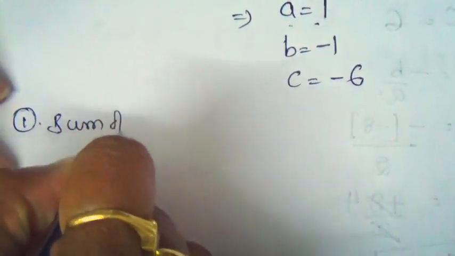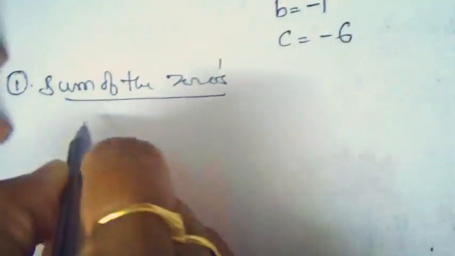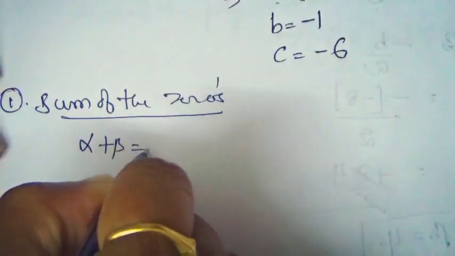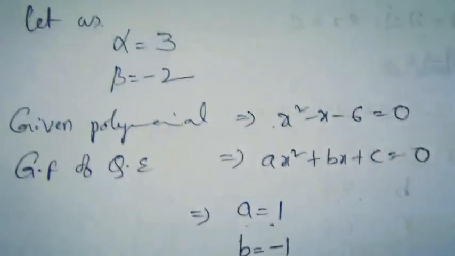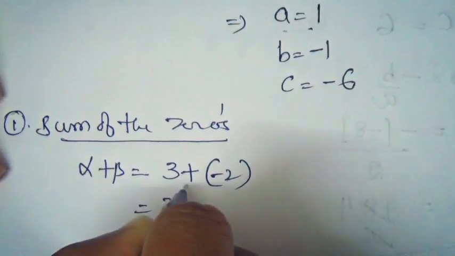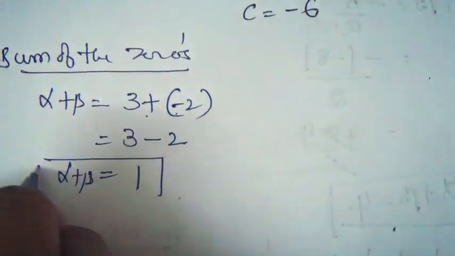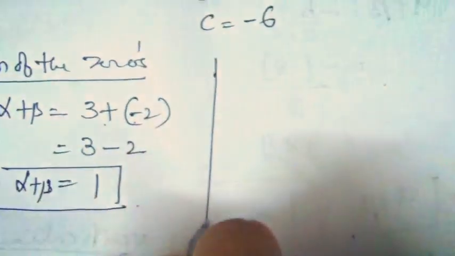So firstly, the first relationship, that is the sum of the zeros. Sum of the zeros is equal to alpha plus beta, is equal to, alpha means 3 plus beta means minus 2. So 3 plus of minus 2, that is equal to 1. So alpha plus beta you will get in general, that is alpha plus beta is equal to 1.